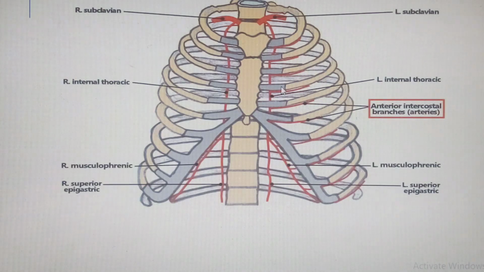But remember that we are calling it the internal mammary artery, so it can also give some branches to supply the mammary glands.